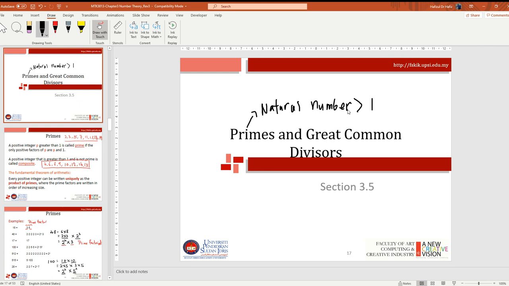For example, 5 is a prime because the only ways of writing it as a product are 1 multiplied by 5 or 5 multiplied by 1. Then we can conclude that 5 is a prime number.